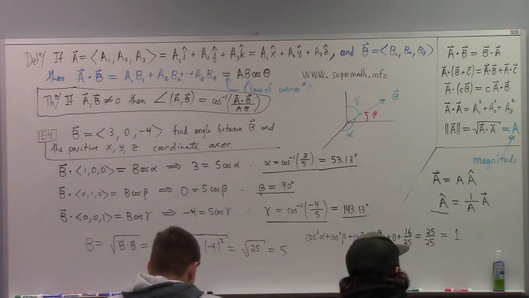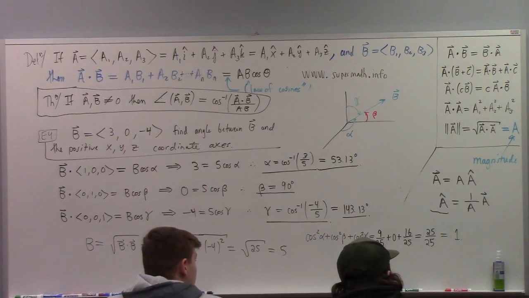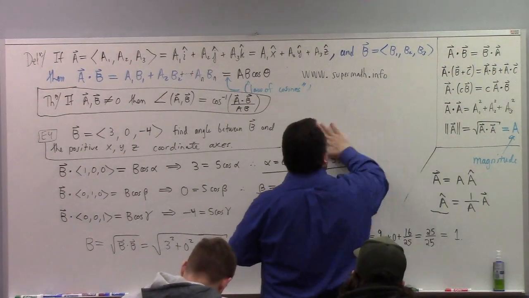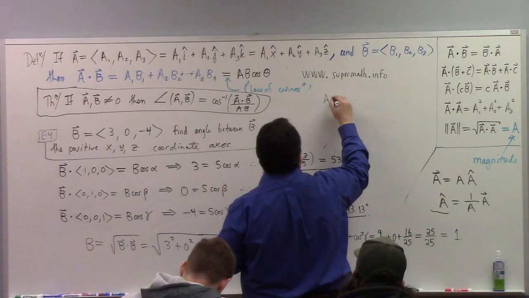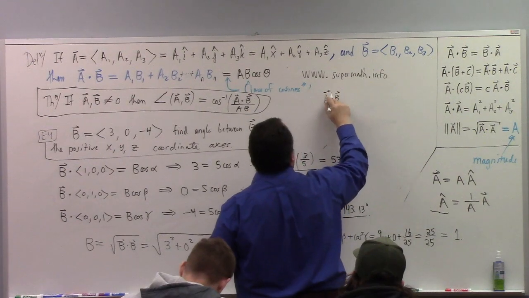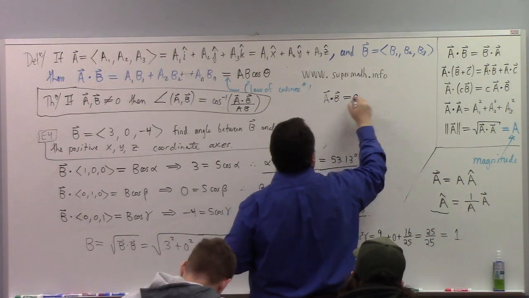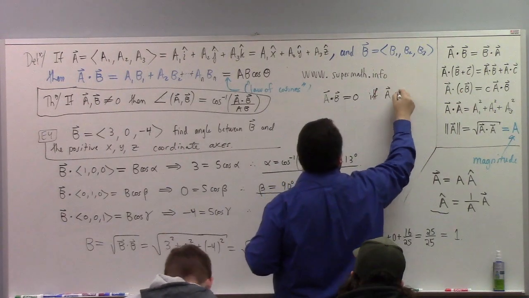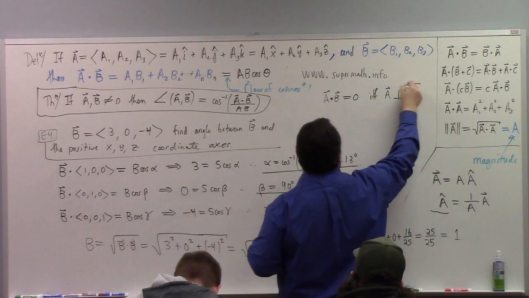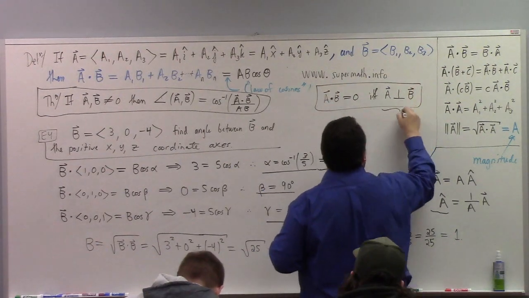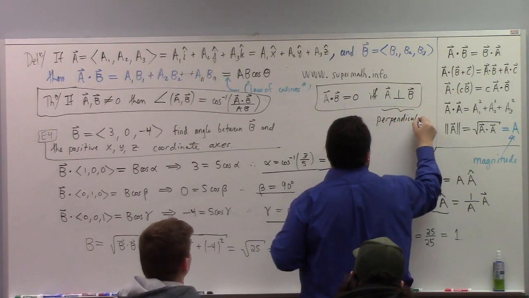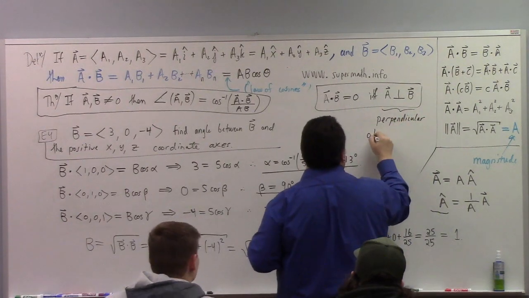One other thing I should mention before I forget. If a dot b is 0, we have a special name for that. A dot b equals 0 if and only if A is perpendicular to B. Or if you want to impress Dr. Scambortis, you can call it orthogonal.